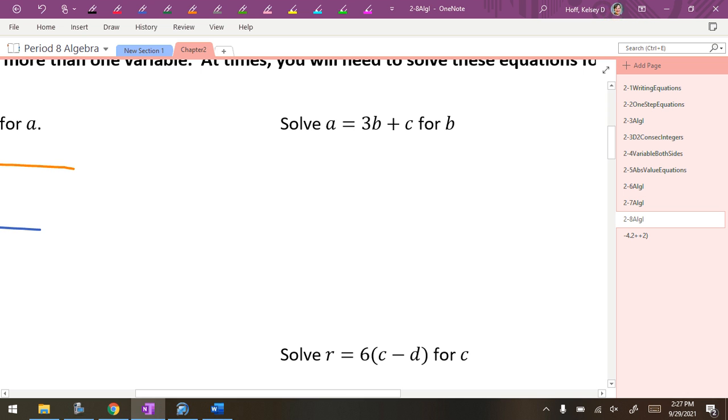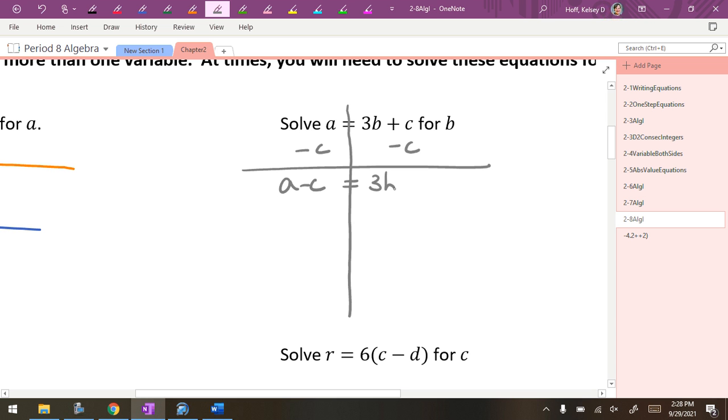A equals 3B plus C, and we're solving for B. Say it again. Minus C from both sides. I end up with A minus C equals 3B. Then I divide by 3. Now here's the deal. Just divide this whole thing by 3.